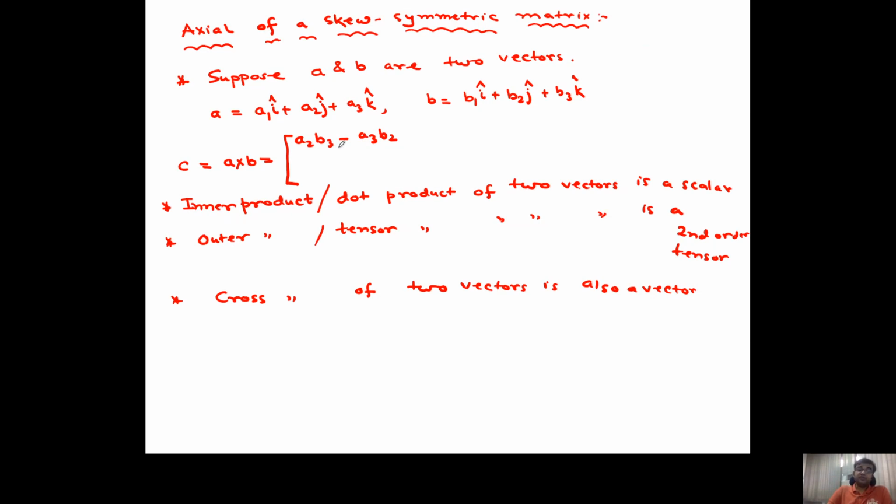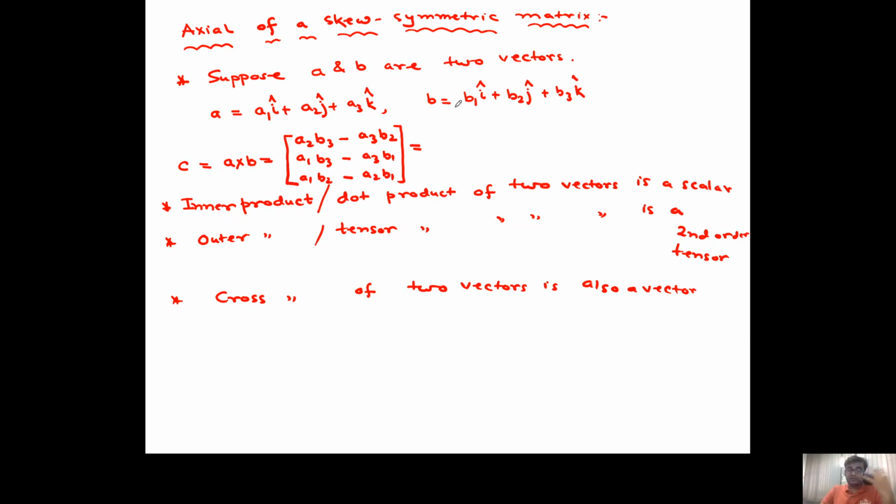What is the second component? The second component will be A1 B3 minus A3 B1. And the last component will be A1 B2 minus A2 B1. So this is how it looks.